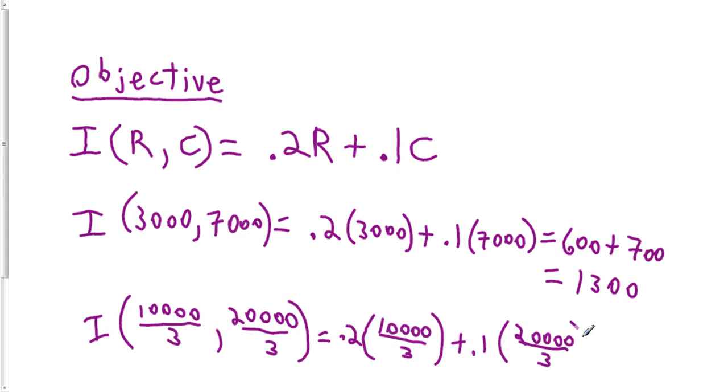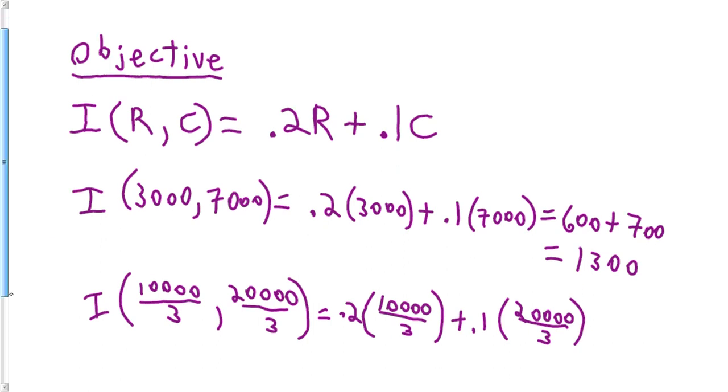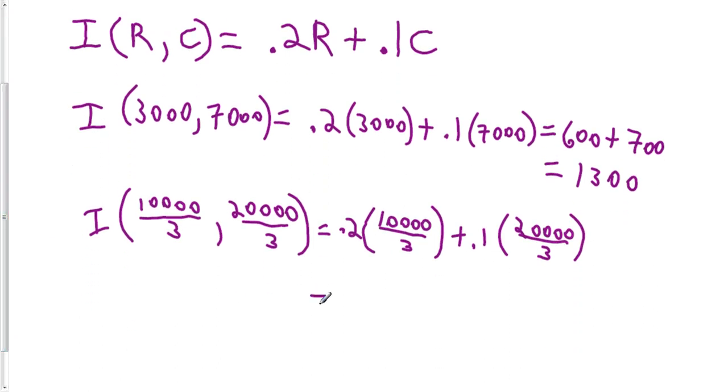And let's see what this yields for us. 0.2 times 10,000, sorry, 2 times 10,000 is 20,000. So 2,000 over 3 plus 0.1 times 20,000, which is also 2,000 over 3.